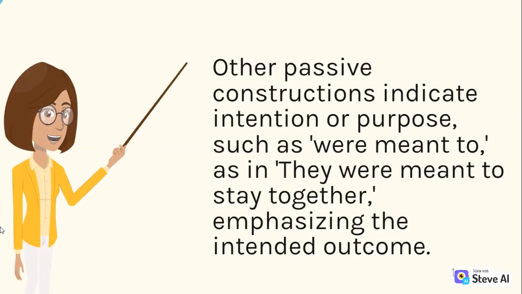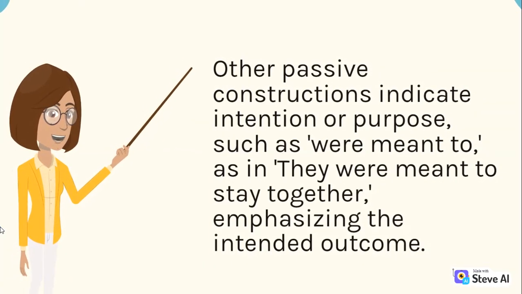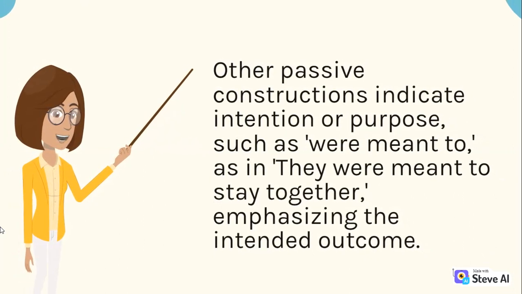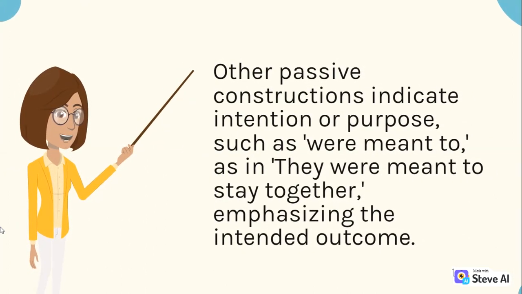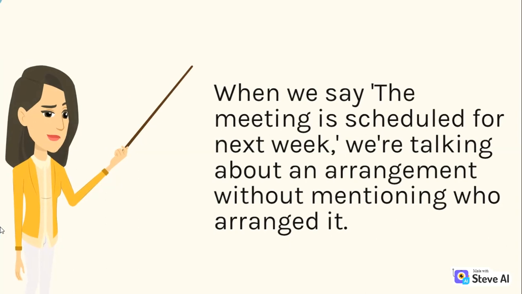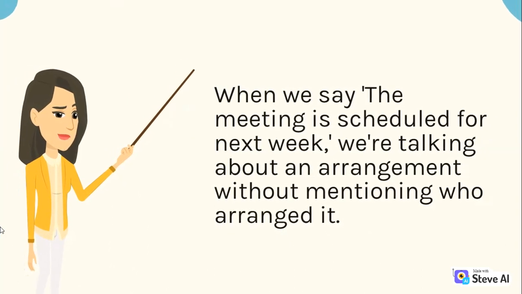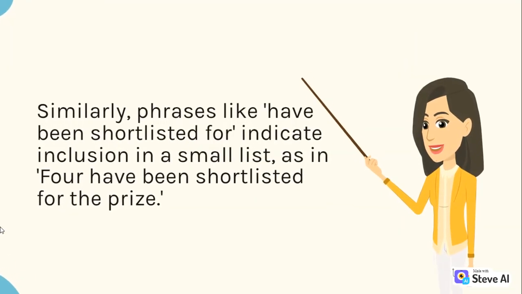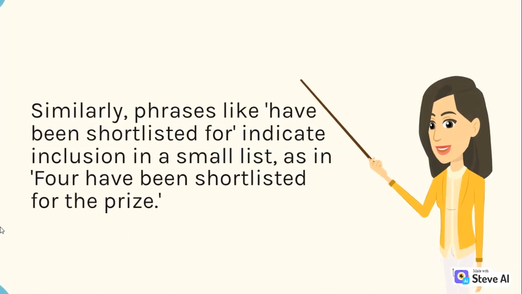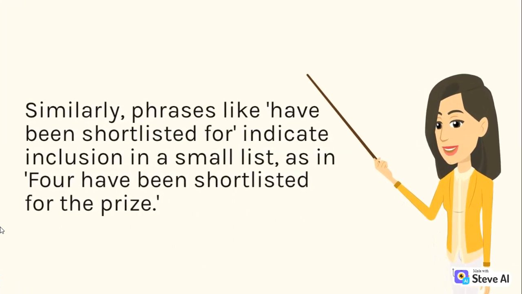As in "she is known for her generosity" or "he is known as a talented musician." Other passive constructions indicate intentional purpose, such as "were meant to," as in "they were meant to stay together," emphasizing the intended outcome. When we say "the meeting is scheduled for next week," we're talking about an arrangement without mentioning who arranged it. Similarly, phrases like "have been shortlisted for" indicate inclusion in a small list, as in "4 have been shortlisted for the prize."